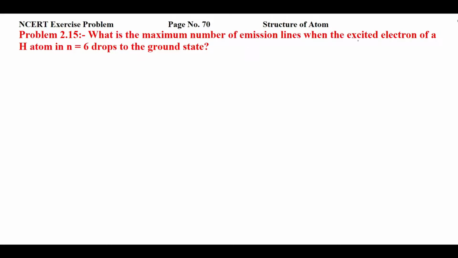That means when this excited electron comes back to the ground state from the 6th orbit, how many emission lines will it emit, right? So definitely for this, first of all we'll see the formula.